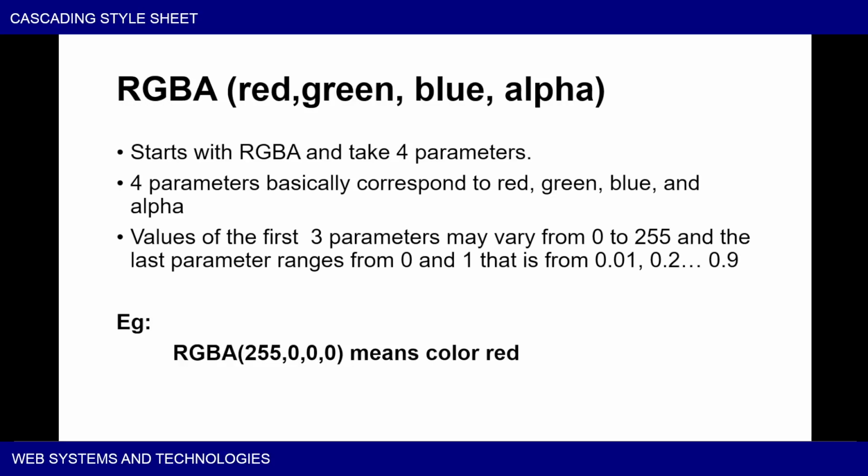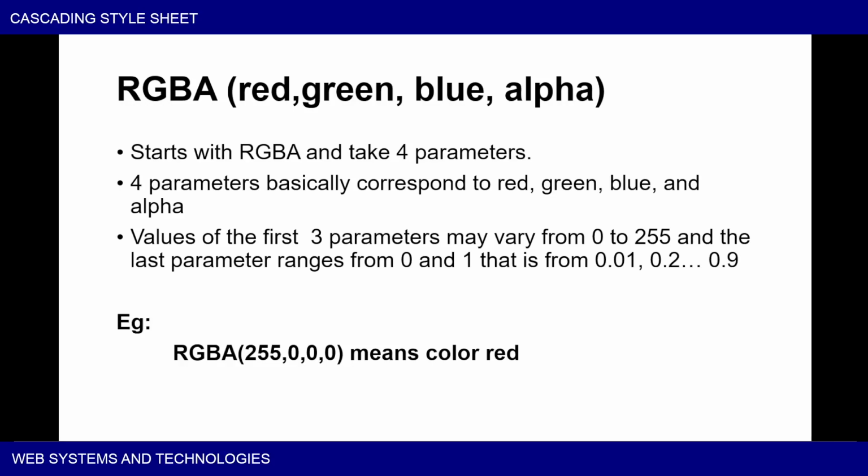Meaning, it can accept values with decimals, a floating value. So you can have 0.01 to 0.9, as long as it's not greater than 1. That is what we can put for the alpha parameter. An example of this is 255, 0, 0. This means red.